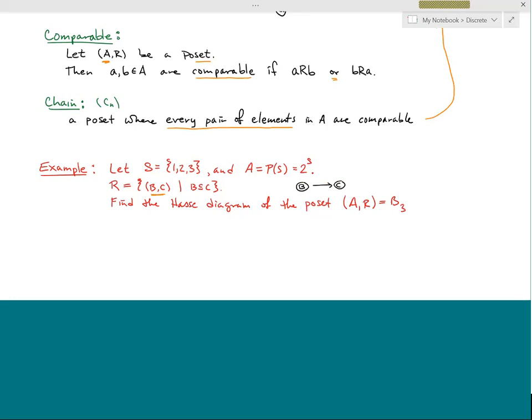Now, what does that mean in terms of the digraph in general? That means you've got a subset, then the arrow points to the set it's a subset of. Now, what does that mean in terms of the Hasse diagram? In terms of the Hasse diagram, that means once you remove your arrows and reorient, the subset is below the set it's a subset of.